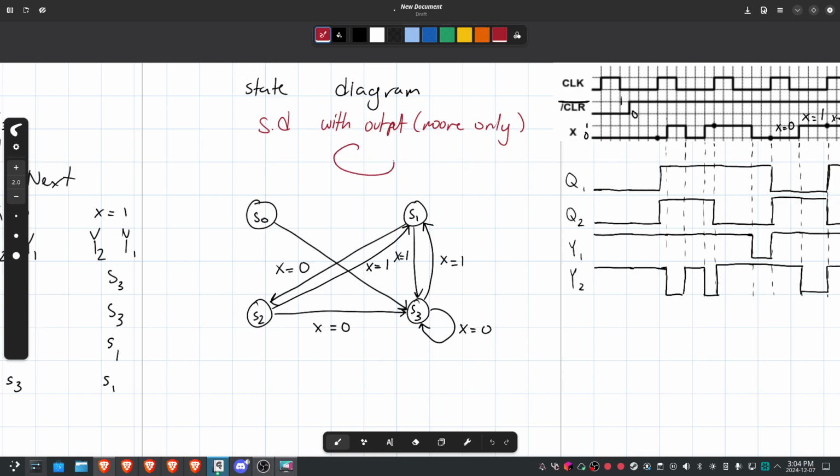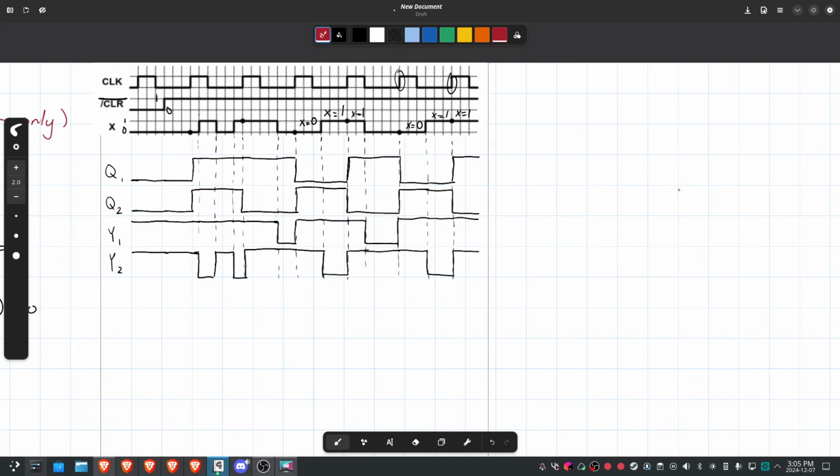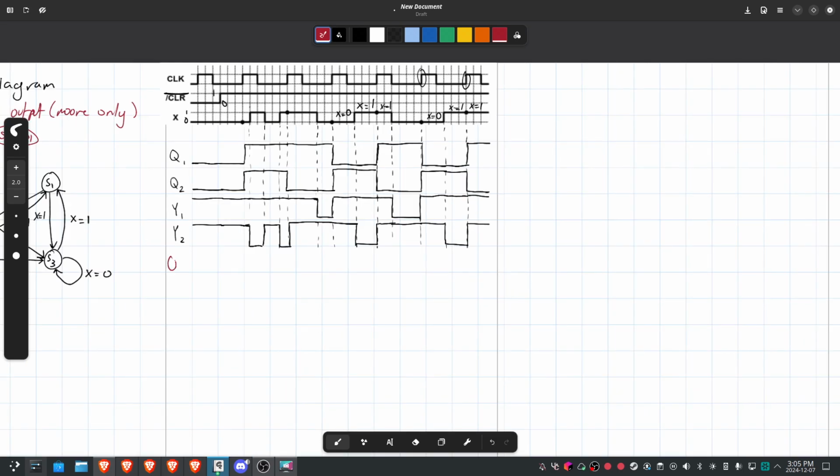I have to draw it a bit wider. S0/1101, for example. So if the state is S0, the output is going to be 1101. Likewise, you would just add some extra states here. We can define output 1, output 2, output 3, output 4, that sort of stuff.